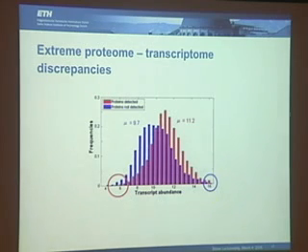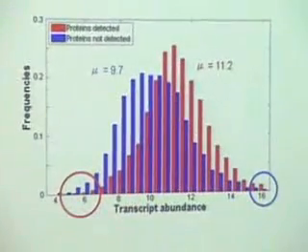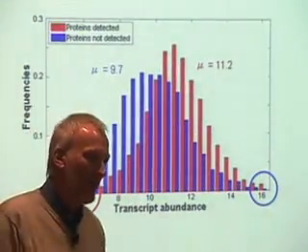That's what you would expect. But why is it that certain proteins, if the transcript is very low abundant, we don't see, but others we do? So you see that at the fringe, and on the other hand, transcripts are very abundant, but there are still certain proteins we cannot find, even though their transcripts are very abundant.